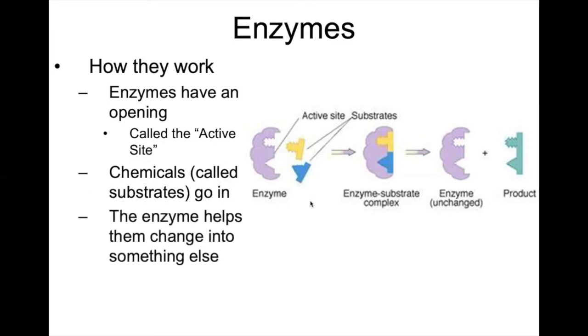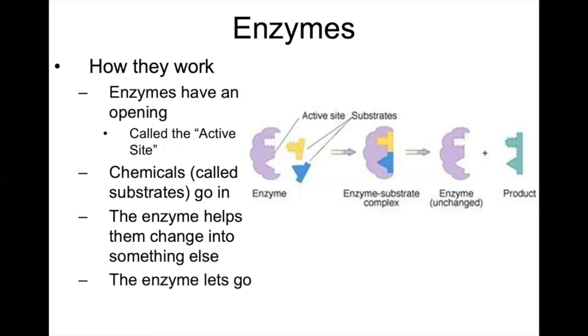And the enzyme is going to help them change into something else. So these substrates could naturally fuse in your body without the enzyme, but the enzyme is going to make sure that they're together to fuse, to chemically react and become a bigger thing.